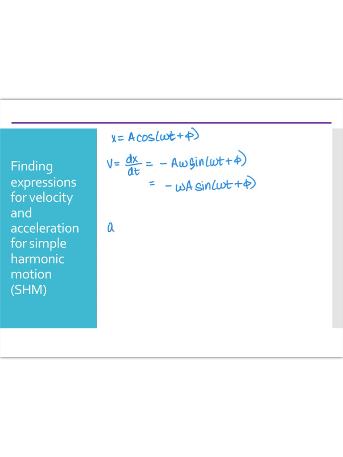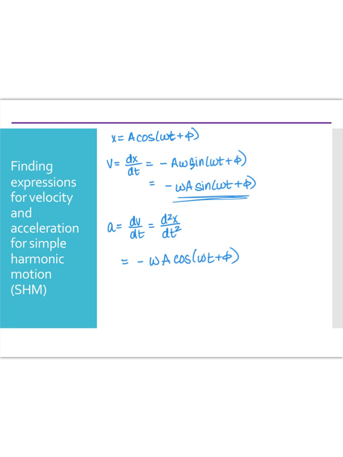If I want to find the acceleration, it's the derivative of velocity with respect to time. Of course, it's also the second derivative of position with respect to time. So if I take the derivative of this expression, I have minus omega times A, and then the derivative of the sine gives me the cosine of omega t plus phi.